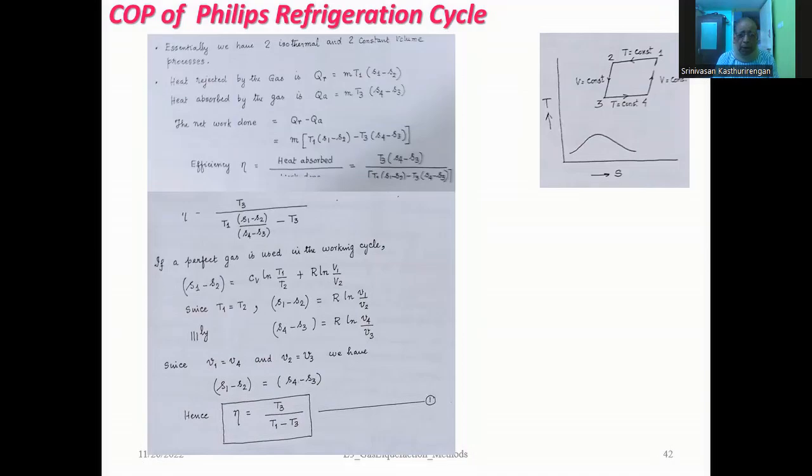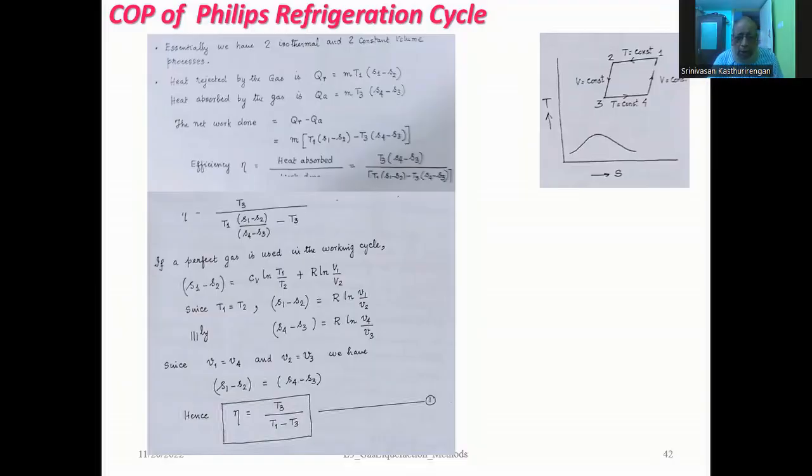Now heat absorbed by the gas in the other process, that is the process from 3 to 4, is m into T3 into (S4 minus S3). S4 is the final value and S3 is the initial value.